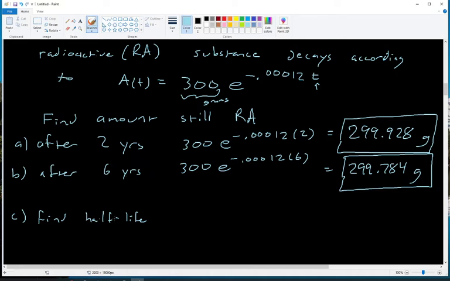So we want to find the half-life, which is, well, how long does it take for our initial, say, 300 grams, to decay down to where half is still radioactive? So what we do is we go to our equation here. Half-life is the time it takes for the initial amount to decay, where half is still radioactive.